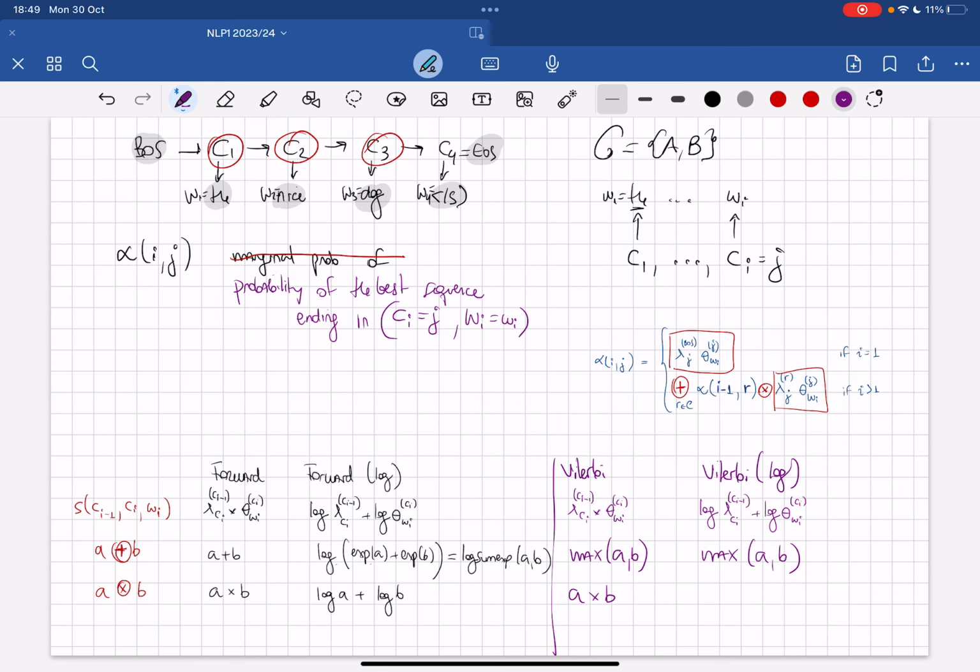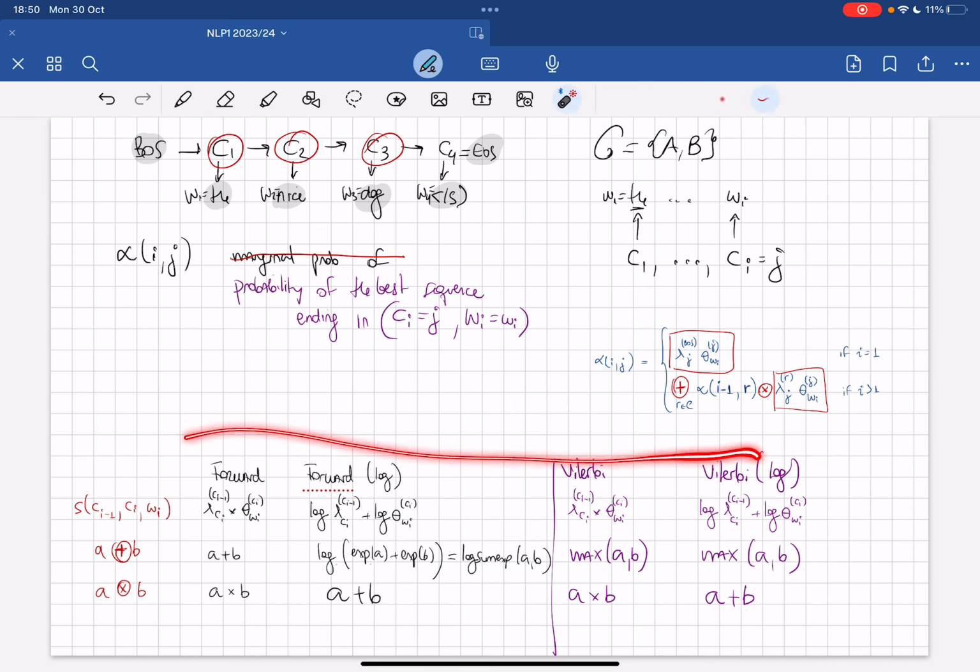Oh, I apologize. There is an error here. This is A plus B. The score is already a logarithm. We don't take a log again. So whenever we're confronted with concatenation of two options, we add their log probabilities. And here in the Viterbi log case, we do the same. We add two log probabilities. This gives you 4 algorithms for the price of 1.